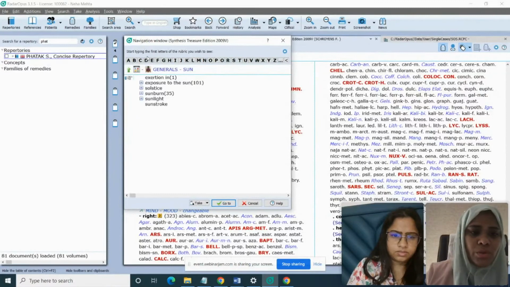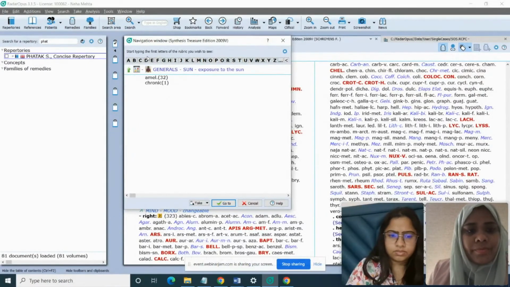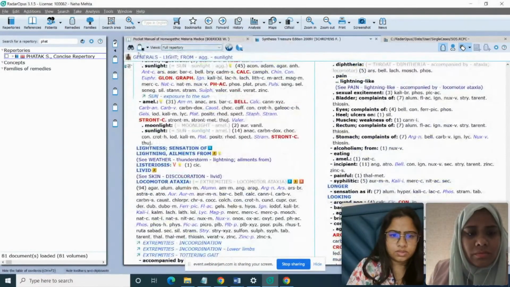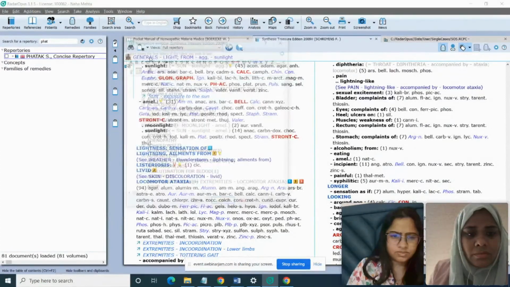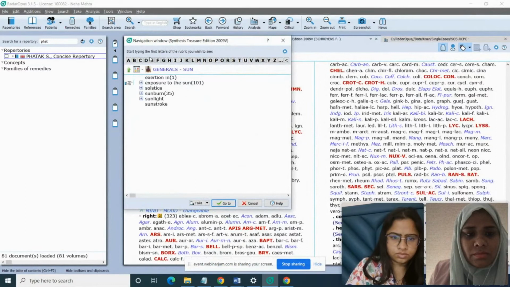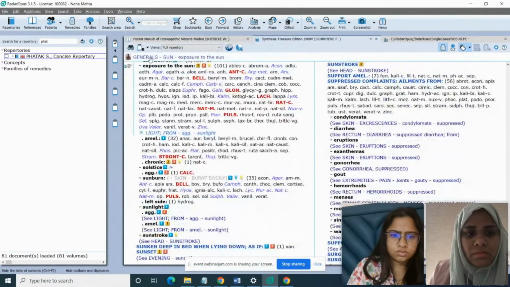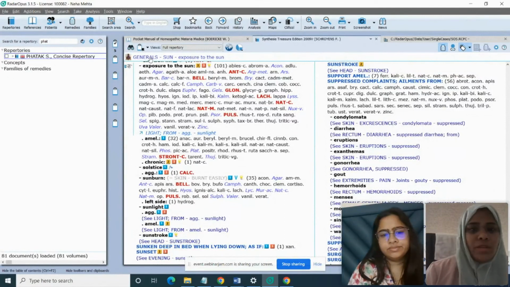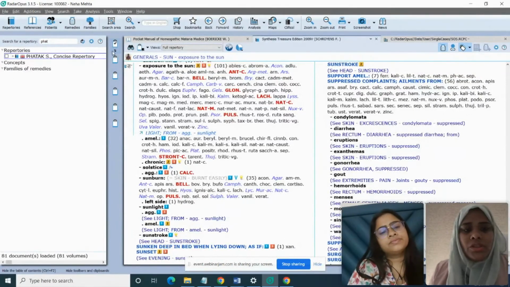Sun exposure to sun aggravates. Just a second. Added, exposure to sun. Okay. So now you go to the repertorial chart.